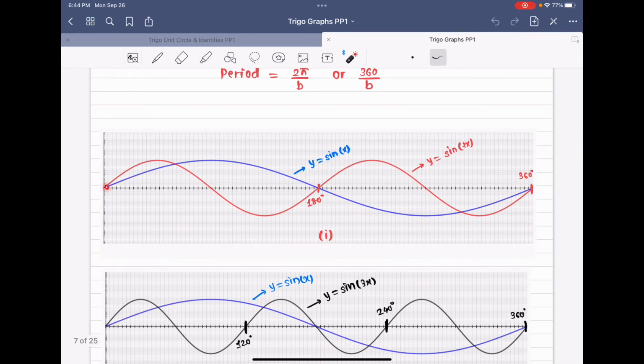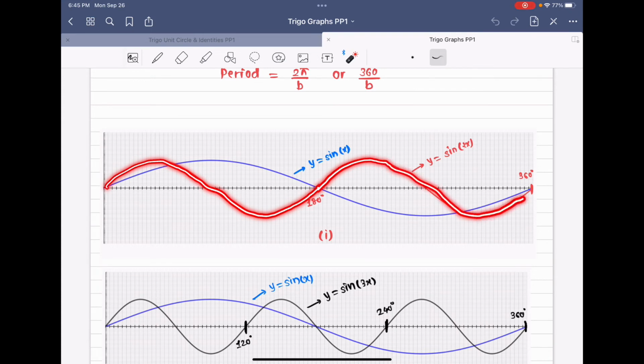So your red graph, you can see one crest, one trough. So one wave is completing in 180 degrees. So another wave is completing in another 180 degrees. That means in total 0 to 360 degrees, it completes 2 waves.